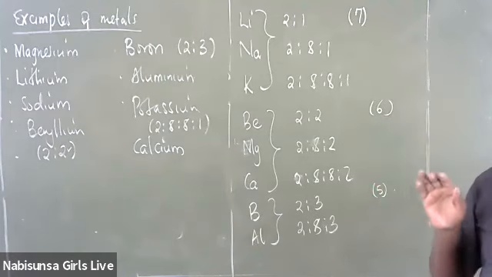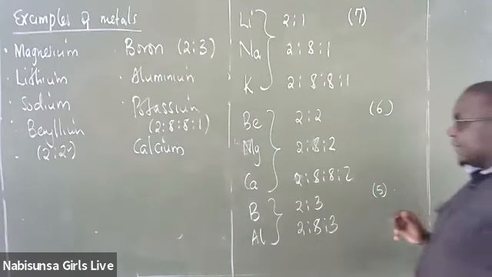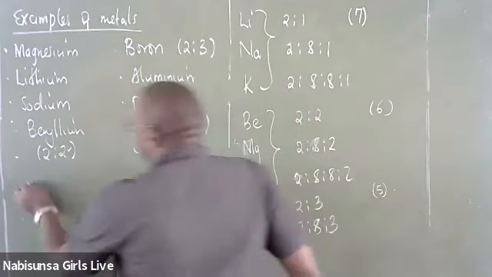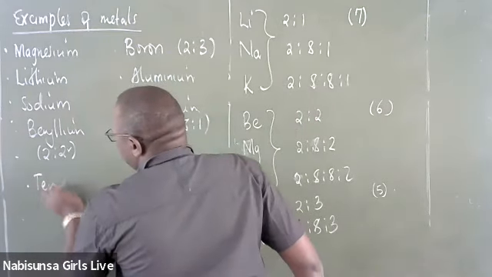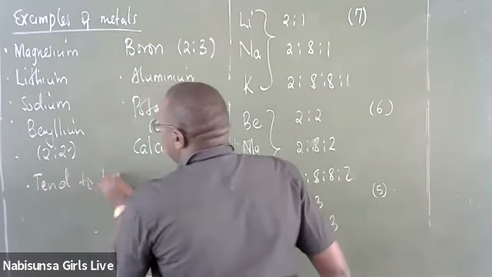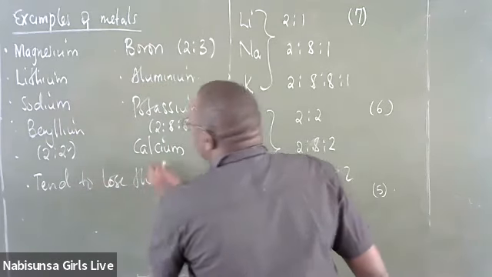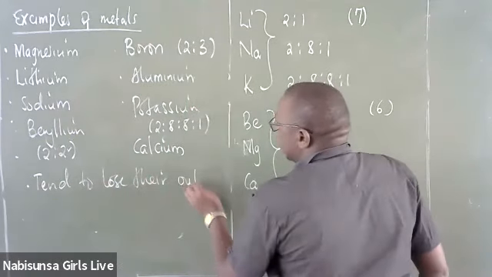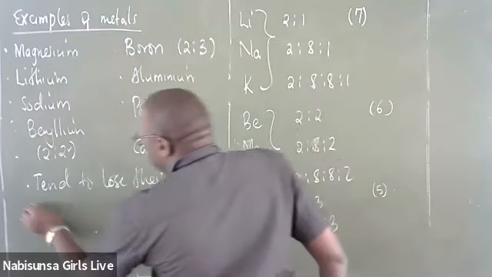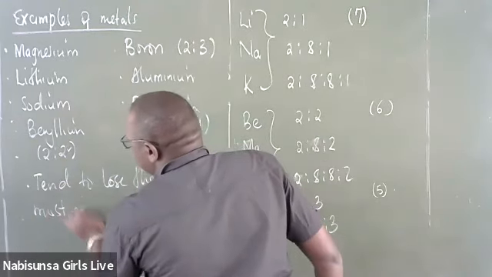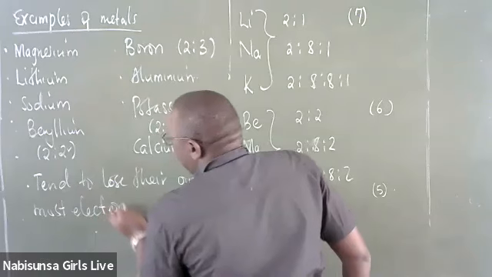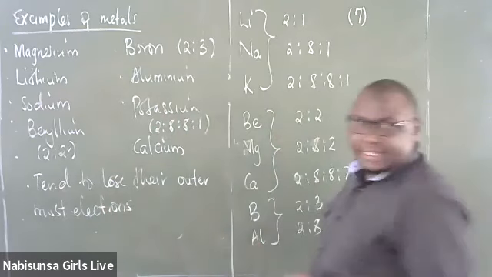So what have we noted about metals? Metals tend to lose electrons. Lose their what? Their outermost electrons. Why do they lose their outermost electrons?